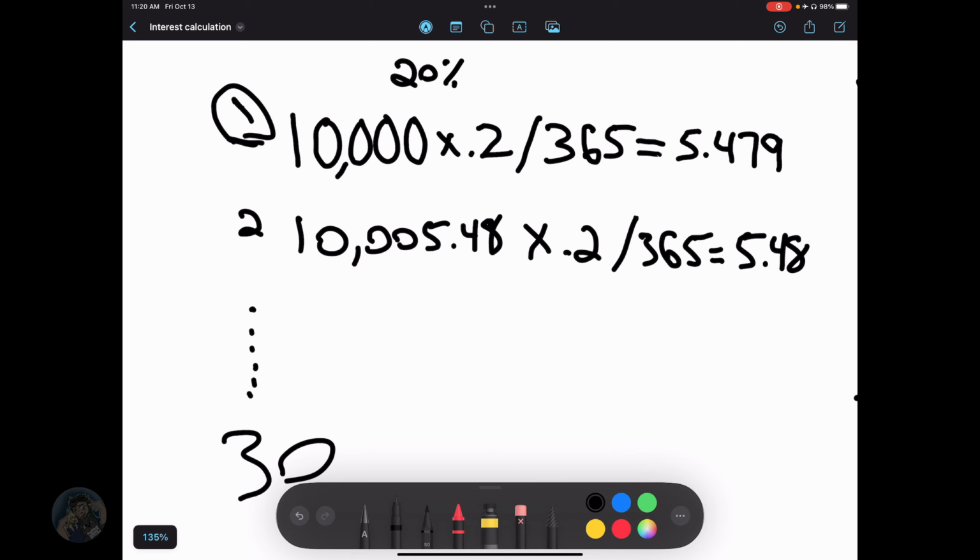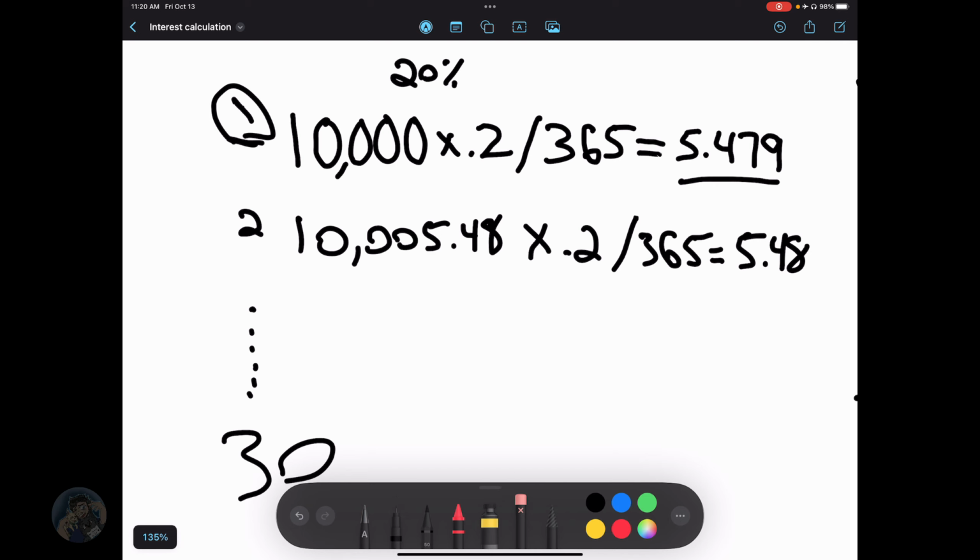And the how-to-calculate-interest disclosure states that they do their daily interest at 365 days. So we would do $10,000 times 0.2 divided by 365, and that would give us our total for that day of $5.479, and we just round up to 48 cents.